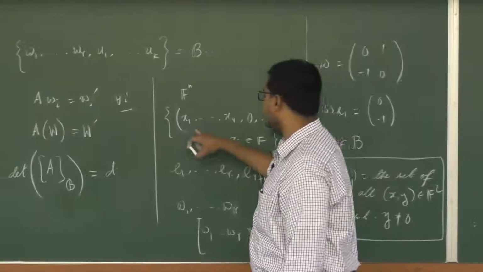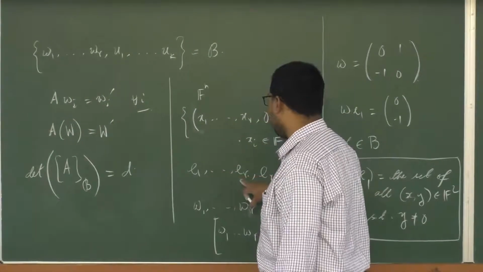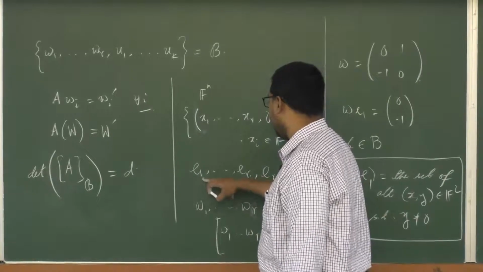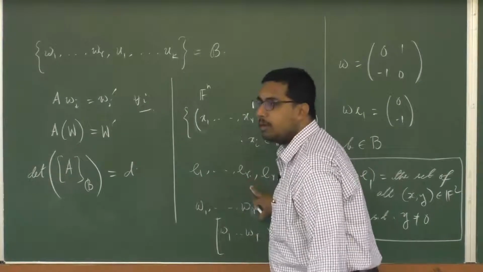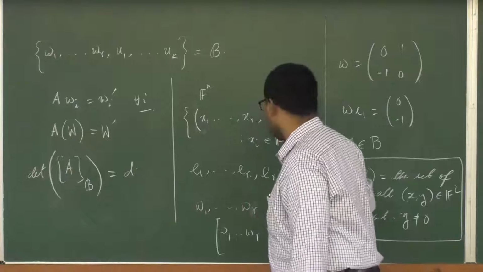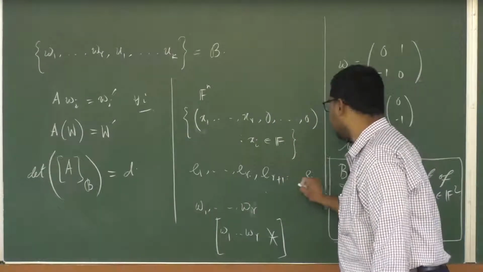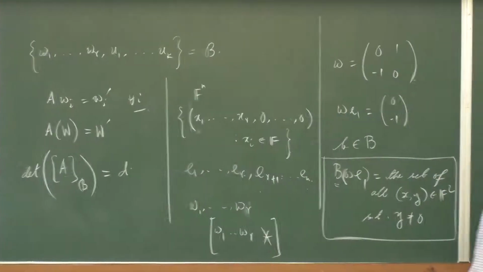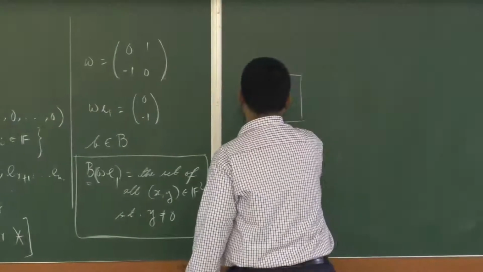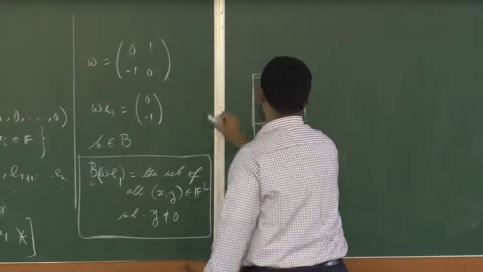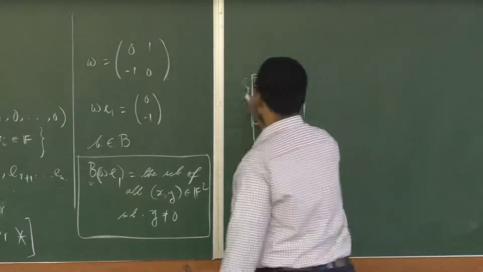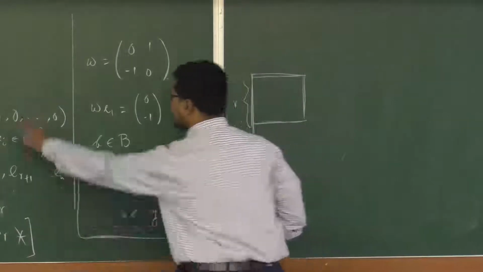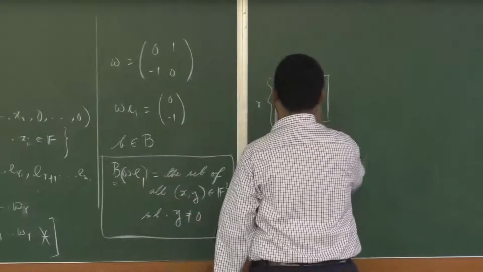The stabilizer of this subspace: A e1 must be a combination of e1 up to er, right? So the components along the last n minus r vectors have to be 0. Similarly for e2. That shows that the matrices which stabilize this subspace are of this form.